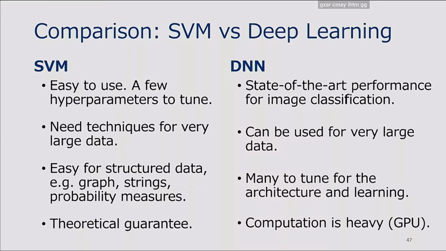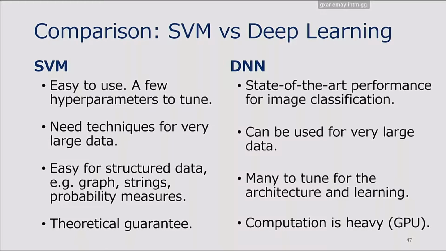As you may know, deep learning people are also developing methods for structured data like graphs, and graph CNN is becoming popular. But still, their performance is not very bad, but not very high, actually.